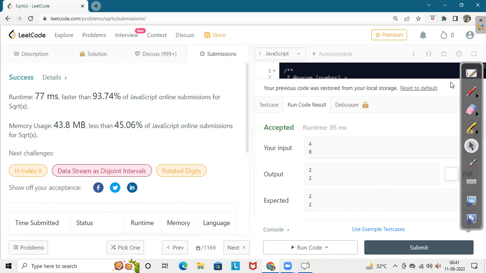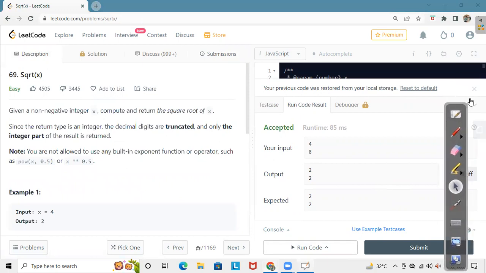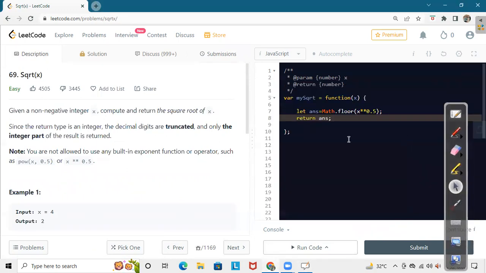So we solved the problem, but there is one tricky part. It is clearly mentioned here that you are not allowed to use any built-in exponent function or operator. It means we cannot use this notation or this notation.